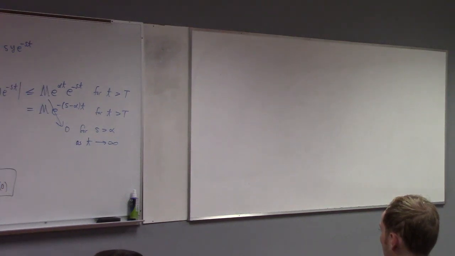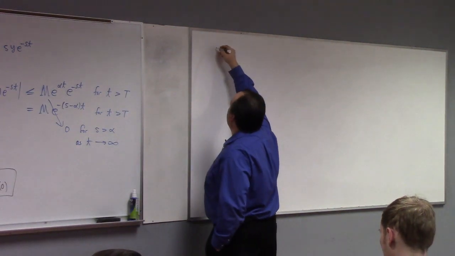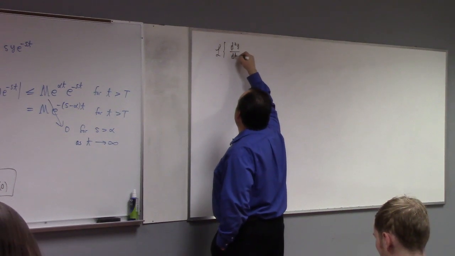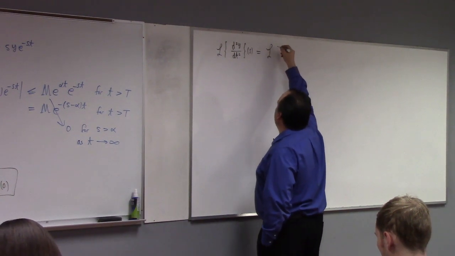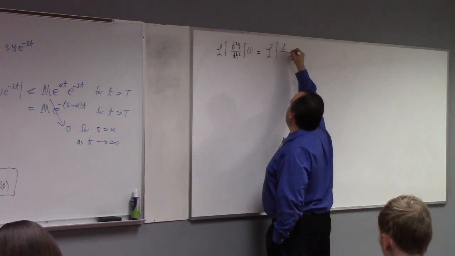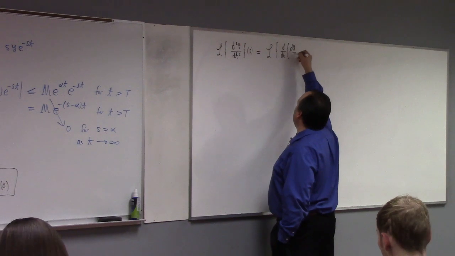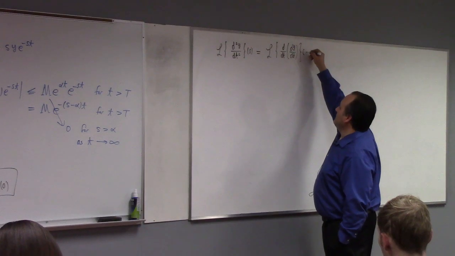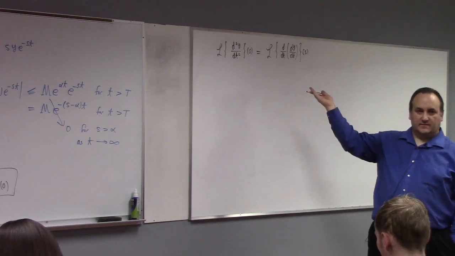All right, so let's see here. What if we had two derivatives? What would happen then? What if we were to take the Laplace transform of d squared y dt squared? Well, we would be talking about the Laplace transform of d dt of dy dt. So we can use what we just calculated to do this one.